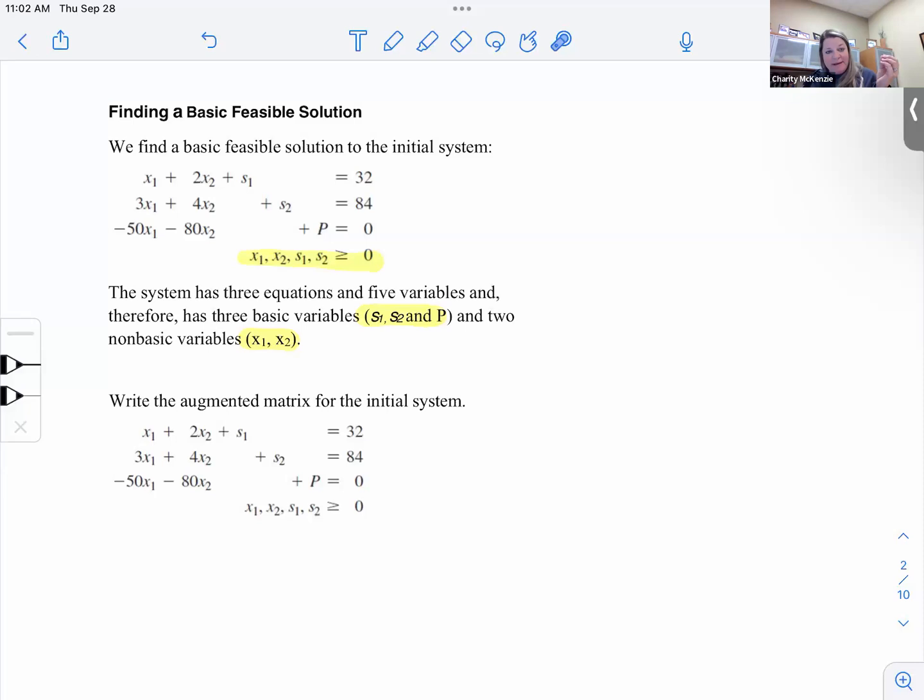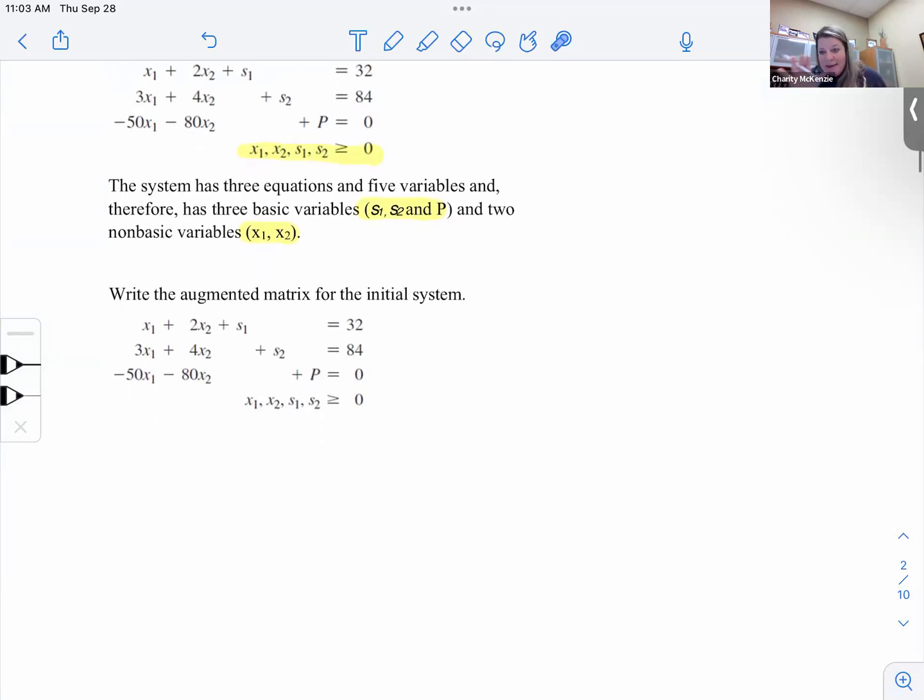Non-basic variables really don't have a value right now. This slack does have a value of 32, this slack has a value of 84. It's like we haven't used that slack, and our profit's still at 0. Some of your homework problems ask you about that, so we've got to point it out.